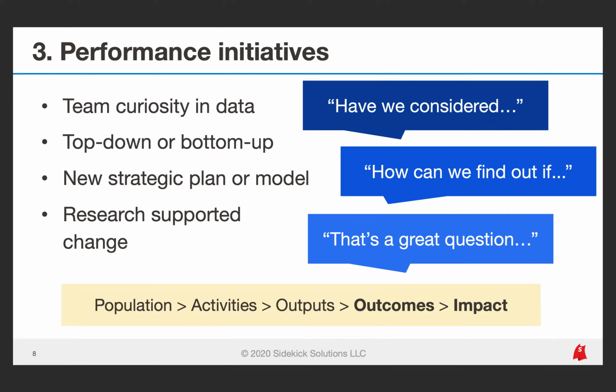Organizations will often find urgency for new systems when their reporting requirements evolve beyond basic demographics, enrollment, and service counts. When you move into outcomes, pre-post scoring, goal achievement or non-achievement, and potentially even long-term impact reporting, these higher levels of insight require more sophisticated software.